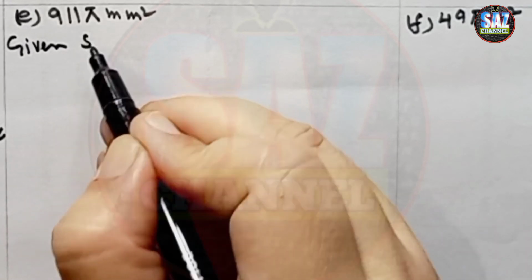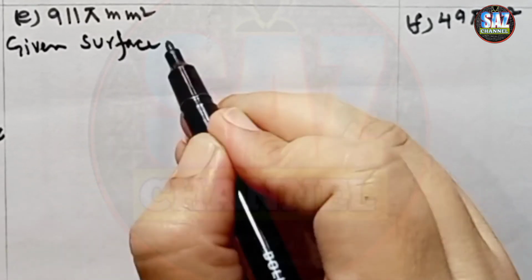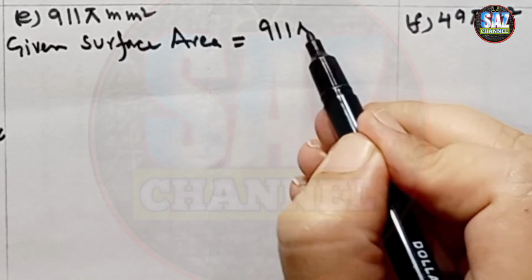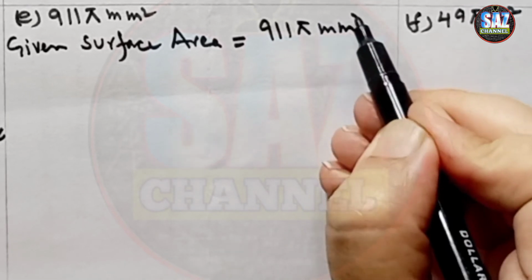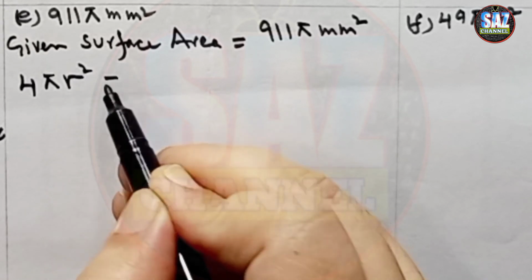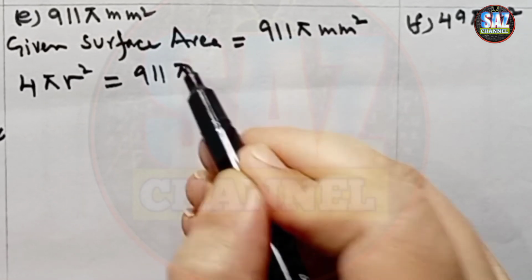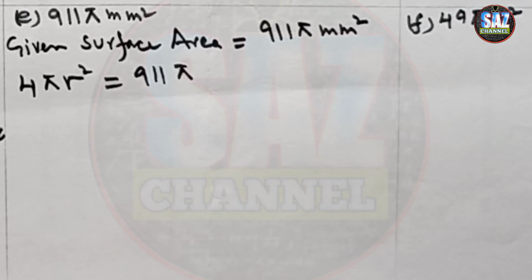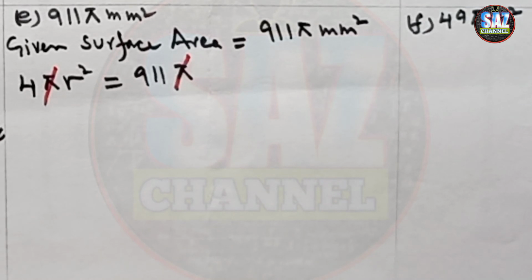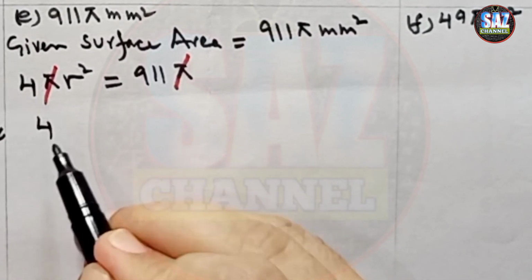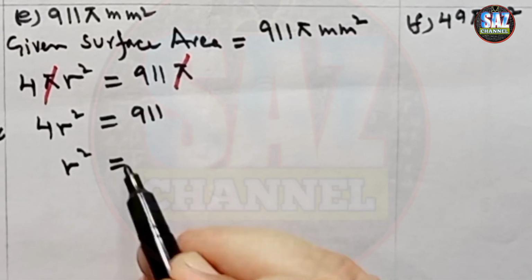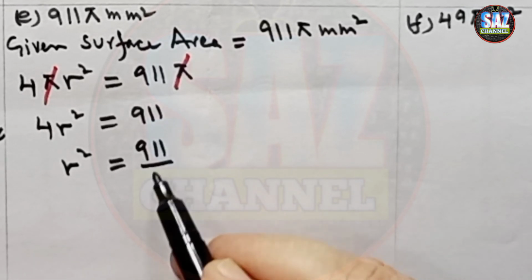Given surface area equals 911 pi mm square, and now this has to be equated by the formula 4 pi r square equals 911 pi. Now again this pi will cancel with this pi because this is a common factor, and we are left with 4r square equals 911, so r square equals 911 by 4.